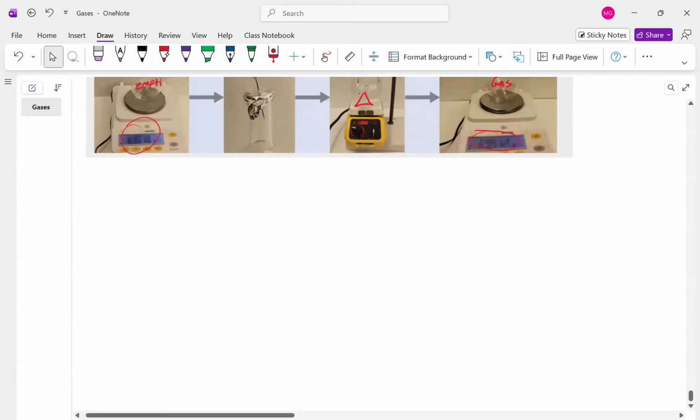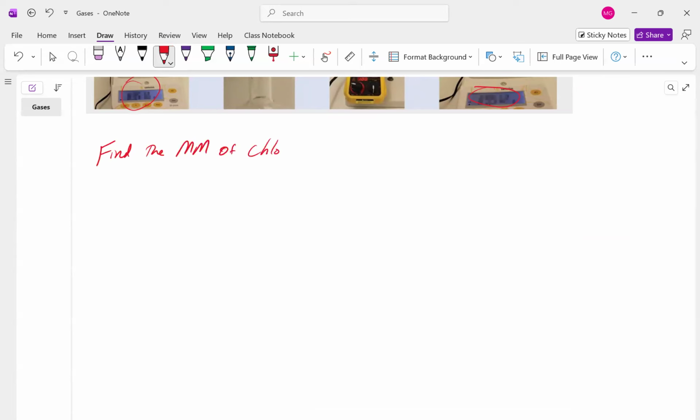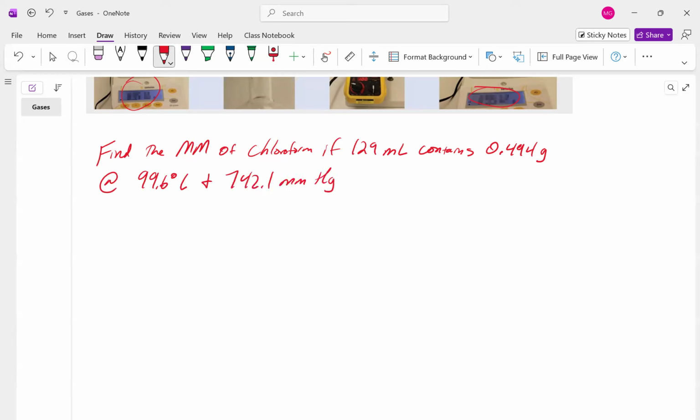So let's do a problem like this, and this is going to be similar to what we are doing in lab. Find the molar mass of chloroform if 129 milliliters contains 0.494 grams at 99.6 degrees Celsius and 742.1 millimeters of mercury.